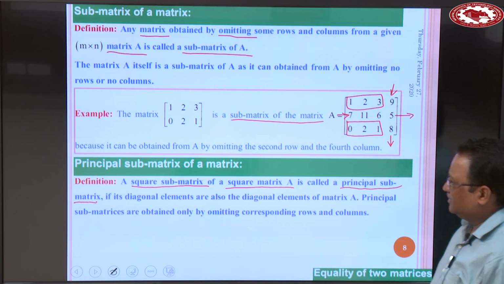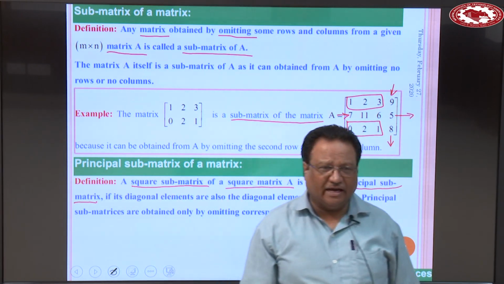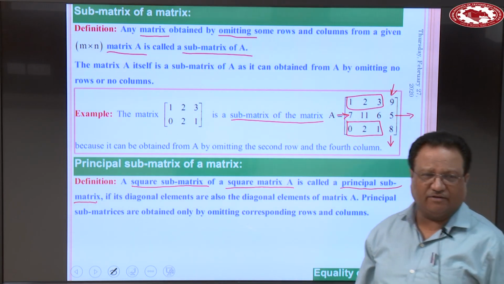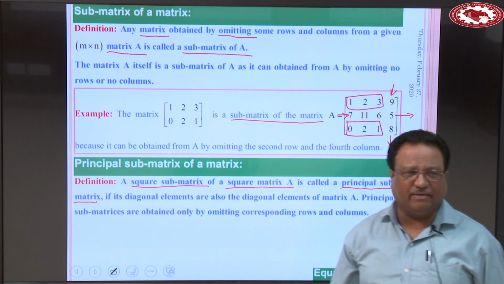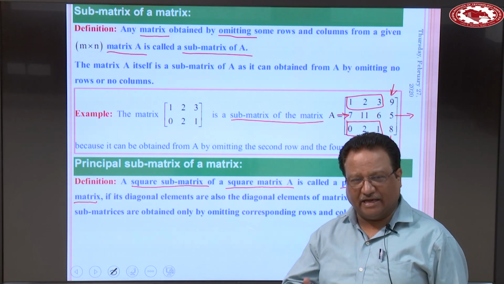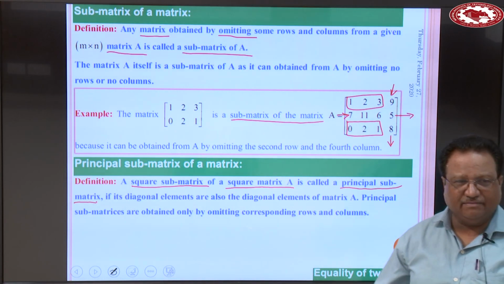So, if we are given a square matrix of order 4 by 4 and we delete the fourth column and fourth row, we get again a square matrix. And in that square submatrix, the elements lying on the principal diagonal are also elements of the principal diagonal of the matrix A.